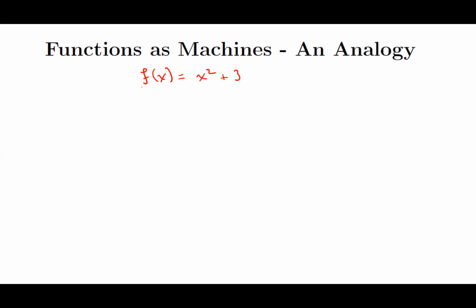Notice the function notation, right? This is pronounced f of x. The name of the function is f. The inputs are x, okay? Now, if I asked you to input, say 2, your brain would probably do something like this. 2 squared is 4, plus 3 is 7.